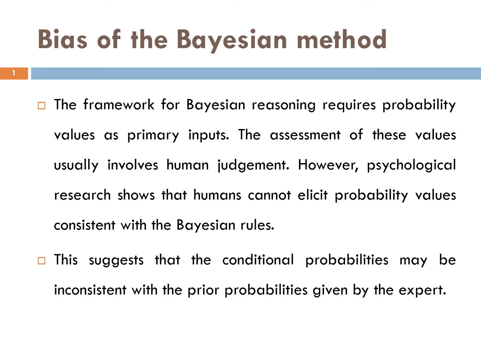This suggests that the conditional probability may be inconsistent with the prior probability given by the expert. The prior probabilities are the ones given by the expert.